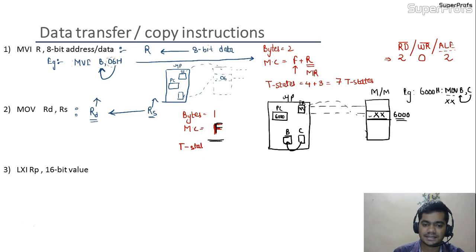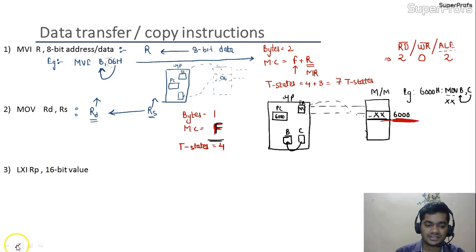For this you can also comment on the read, write and ALE signals. The read operation would be only 1, because we access the data from the memory once. The write operation is 0, and the address latch enable would also be 1, because only one time we are accessing the address from the memory. Okay, I hope you have understood MOV RD, RS.